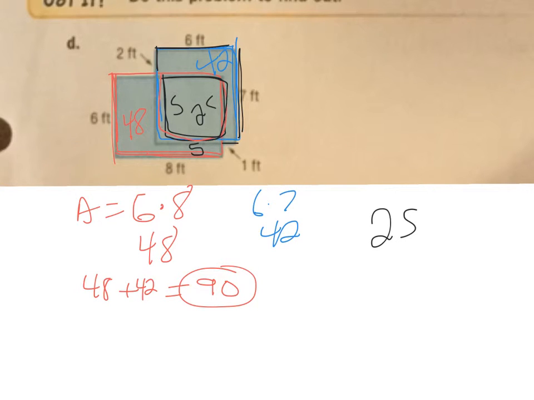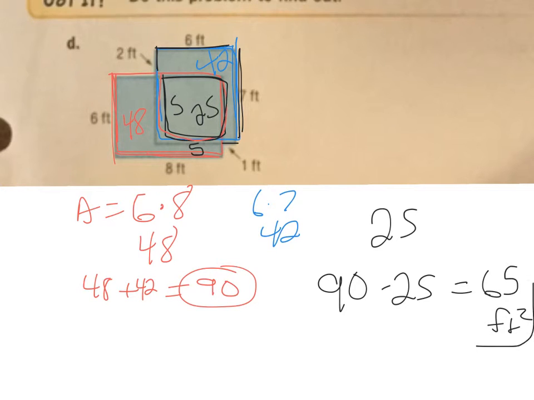This one here is 25. If we take 90 minus 25 equals 65. And that feet squared, that is the area of this composite figure. It overlaps, but I don't need the overlap. Okay.